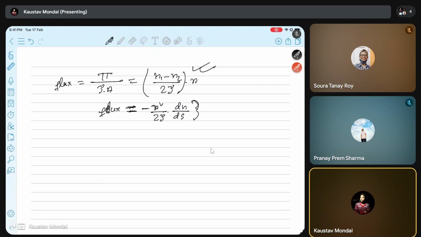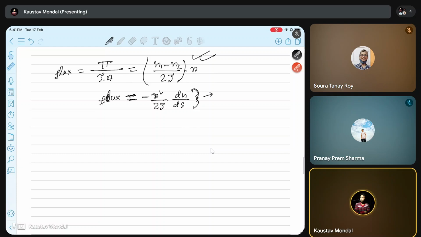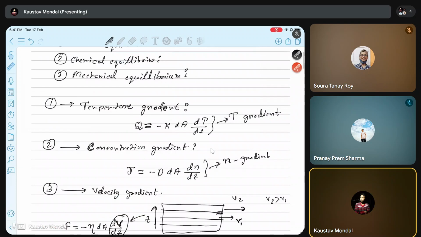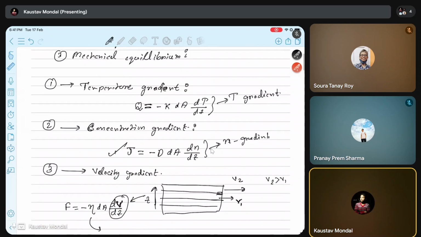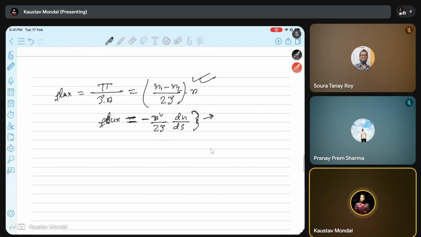So from Fick's law of diffusion, which relates flux to the concentration gradient, we know J is minus D dn/ds.